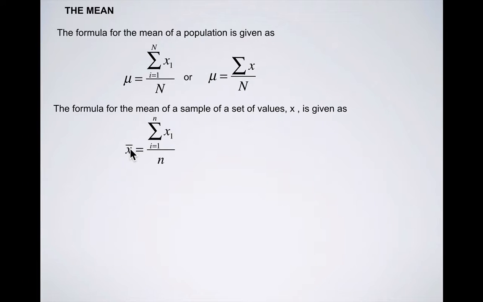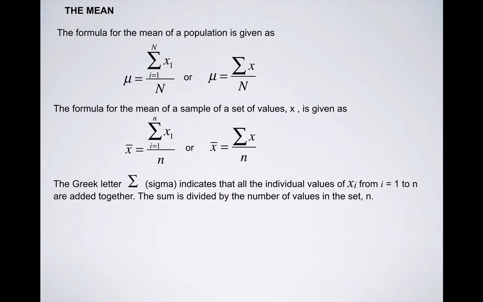Now, we could also do the same thing for a sample from a population, and this more or less means the same thing. X bar refers to the mean of a sample, and so again, this is the sum of all the values taken from our sample divided by the number in the sample. More commonly, it's stated this way: the mean of a sample is the sum of all the values divided by the number in the sample.